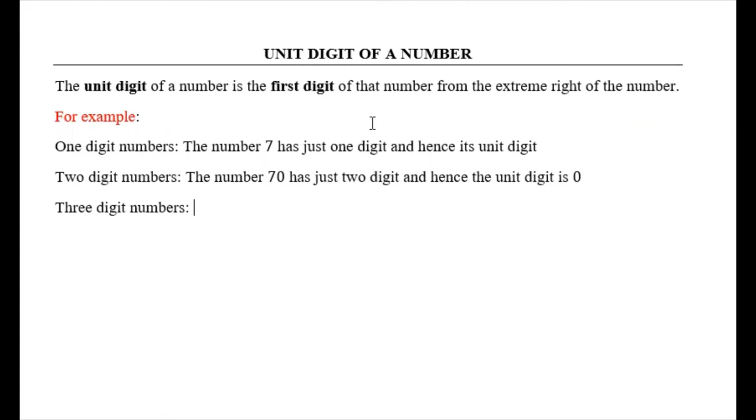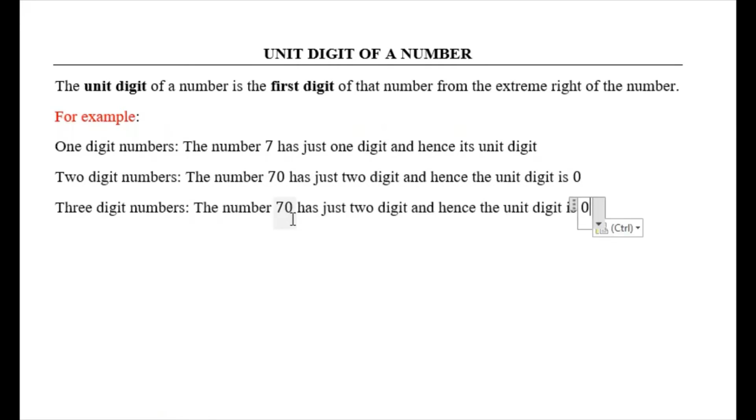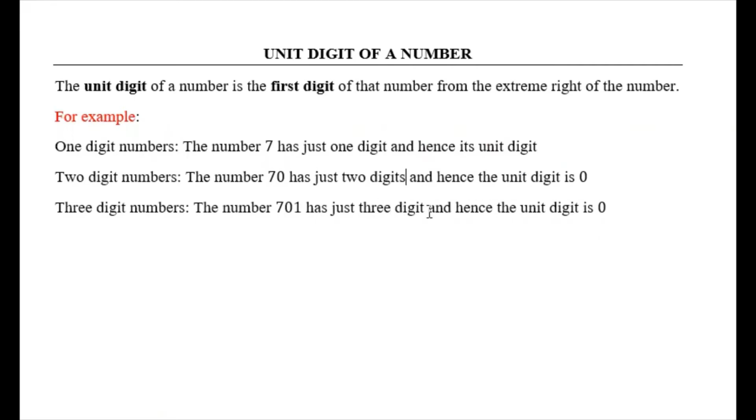For 3 digit numbers, for example, let me take 701. The number 701 has 3 digits. Since it has 3 digits, according to our definition, the unit digit is 1, because it is the first digit of the number 701 from the extreme right.